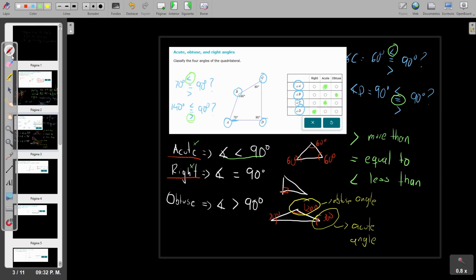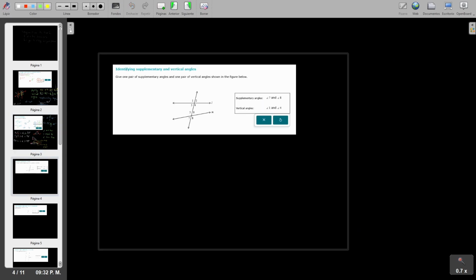In this case, identifying supplementary and vertical angles. Remember what I said before? I will explain again.